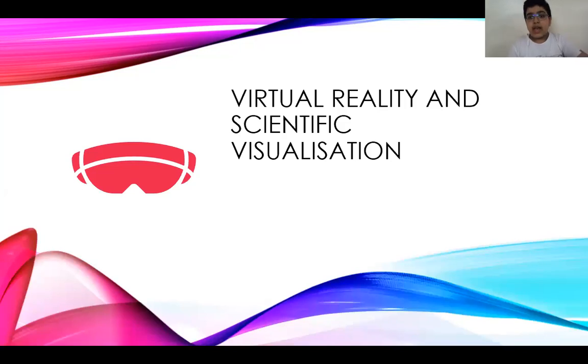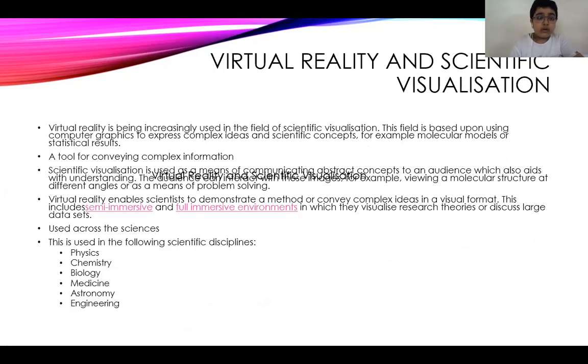Virtual reality and scientific visualization. Virtual reality is being increasingly used in the field of scientific visualization. This field is based upon using computer graphics to express complex ideas and scientific concepts.